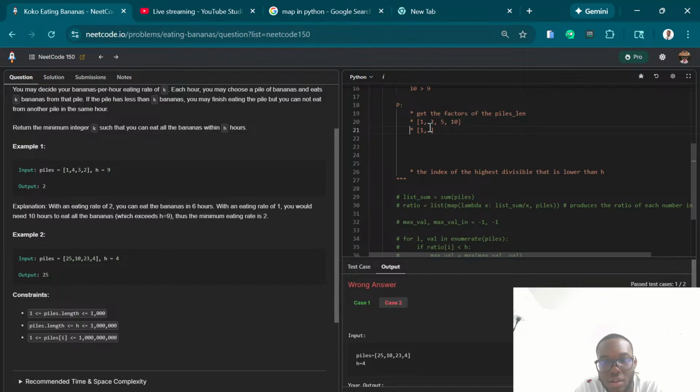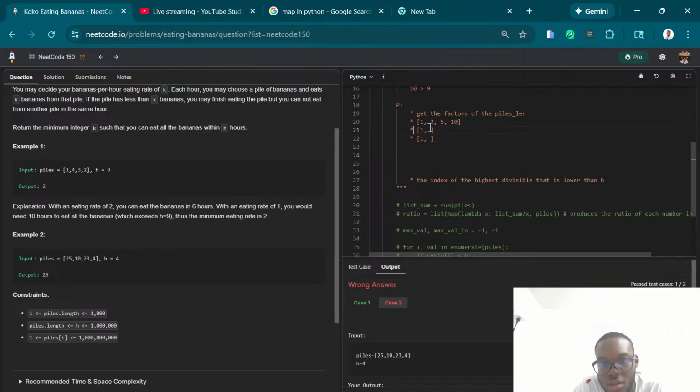So for example, this is 1, 4, 3. See, we're using 2 as k, so that means 2 have to go here 1, there 1. Then 2 have to also go here 1, then 1 again, and then 2 just have to go here 1.